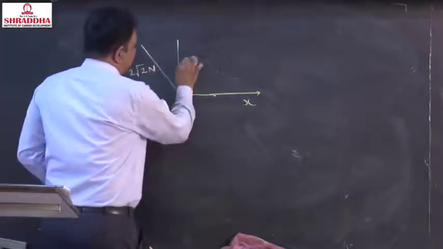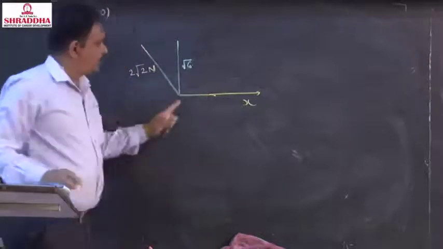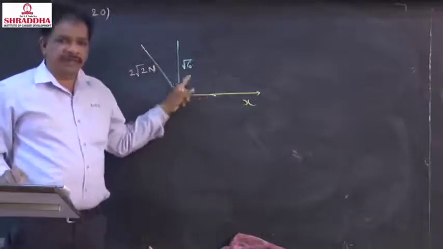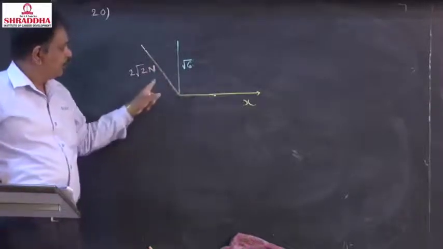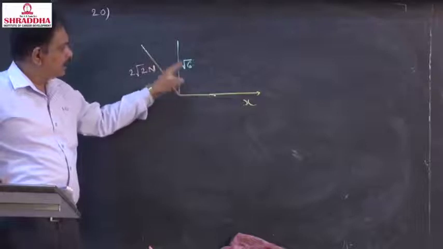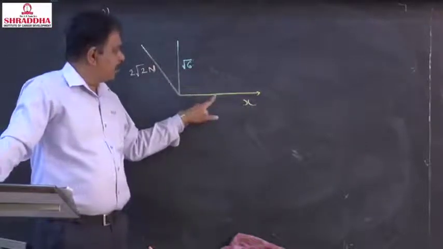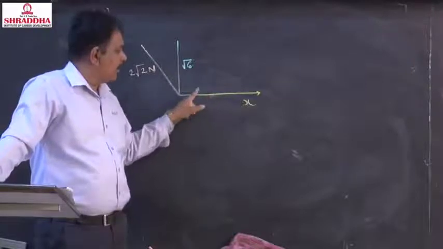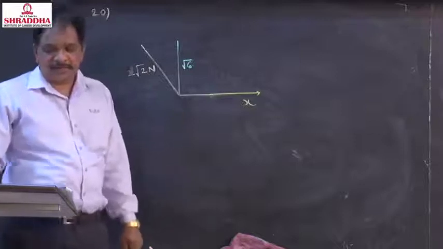Matched, all the given conditions are matched. Check. Two vectors are there, their magnitudes are x and 2 root 2. Their resultant is root 6, and that root 6 is perpendicular to x. Diagrammatically, we represented the given data like this.